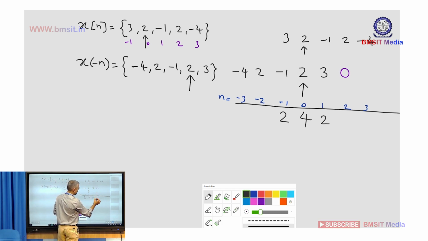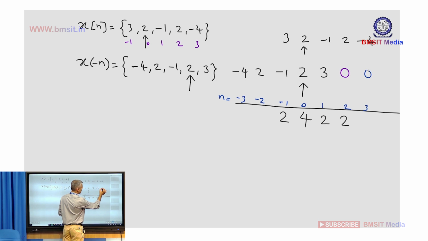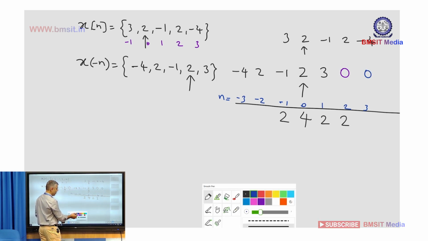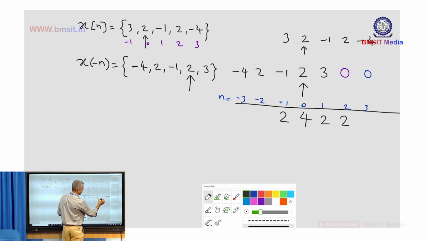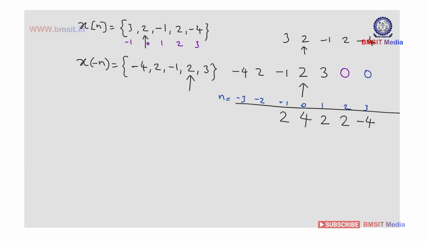So 2 plus 0 is 2. On the same line, at location 3, the folded version doesn't have any value, so the resultant will be -4 plus 0, which is -4.